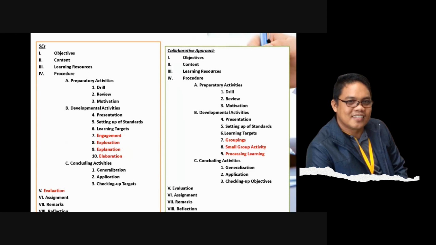Under procedures, we have preparatory activities, developmental activities, concluding activities, then Roman 5, evaluation, assignment, remarks, and reflection. So, again, they have the same format. Nagkakaiba lang po ng numbers dito po under sa developmental activities, considering that iba-iba po yung strategy.